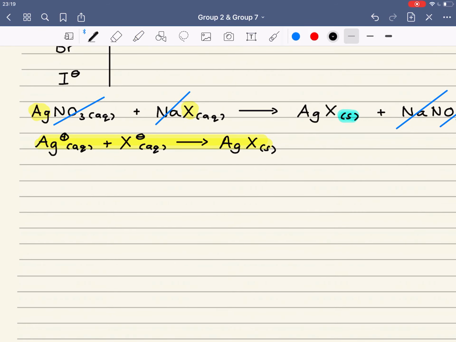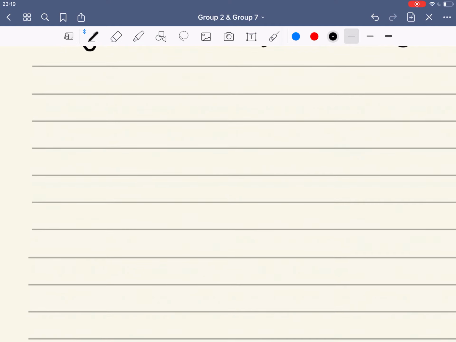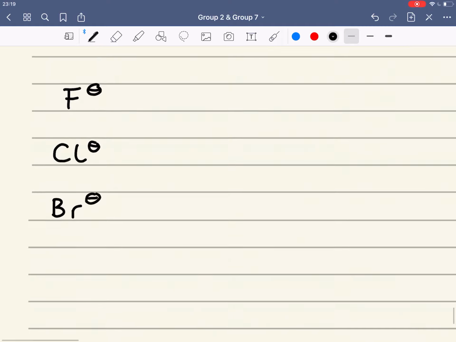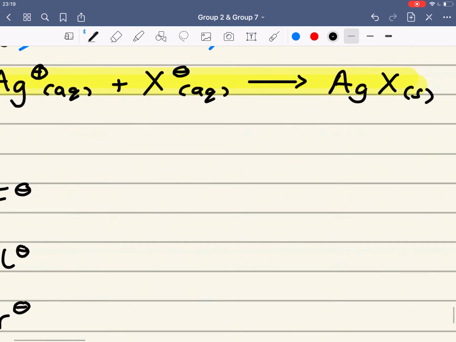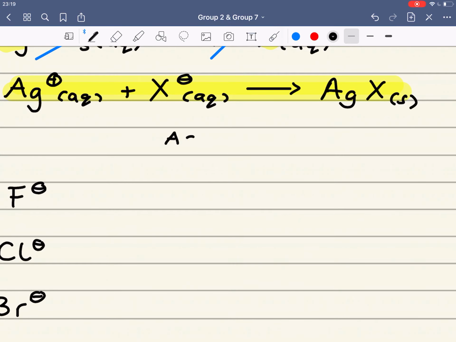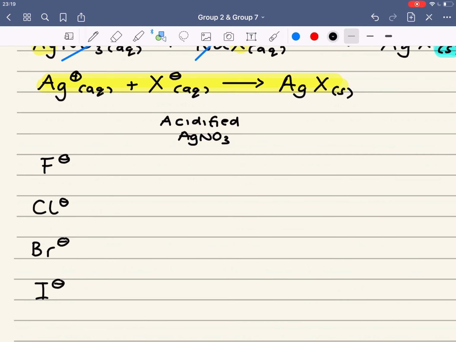Now, what would we observe in these reactions? I'm now going to include F-. What would you observe if we added acidified silver nitrate to a solution containing these ions?